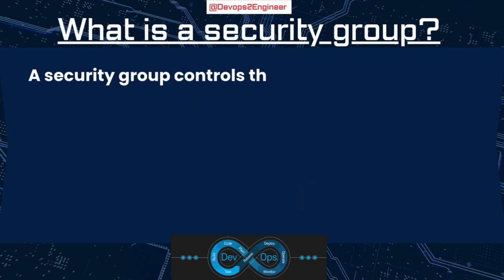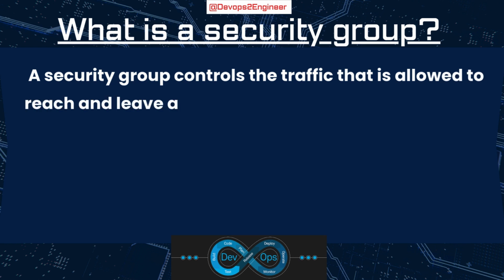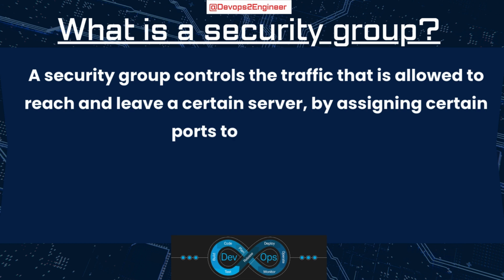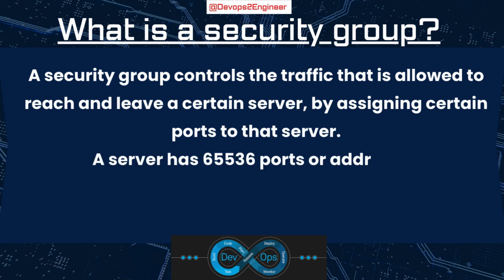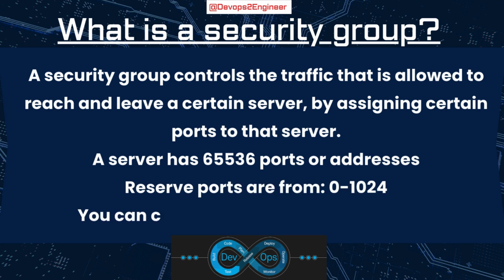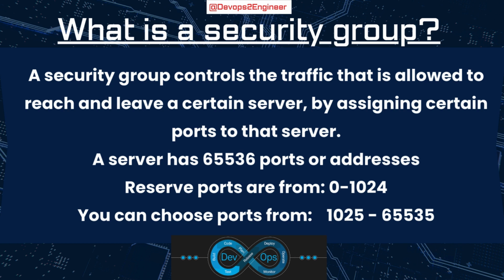What is a security group? A security group controls the traffic that is permitted to reach and leave a certain server by assigning certain ports to that server. A server has 65,536 ports or addresses. Reserved ports are from 0 to 1024, which means that you cannot use these ports because they are already reserved.